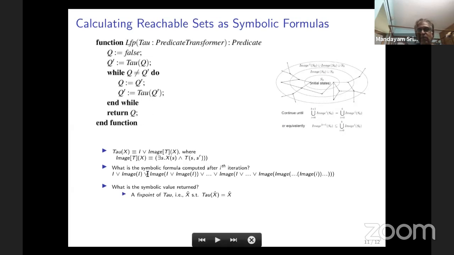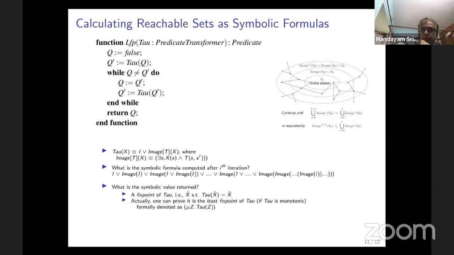So it's a fixed point of tau, where a fixed point of a function is something on which the return value is the same as the argument. So actually one can prove that this is one way of computing a fixed point, okay?